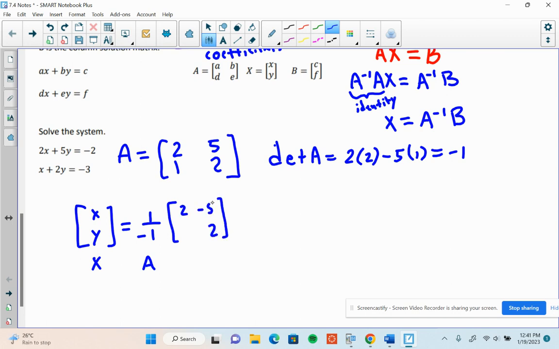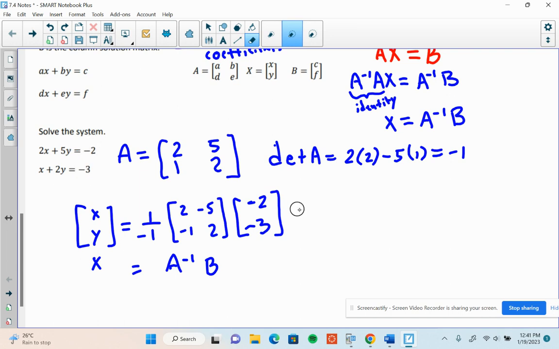We're going to change the sign on the 5 and the 1. But we need to multiply that with the matrix B. So we've got our A inverse times B. What's the matrix B? It contains the constants. That's the negative 2 and the negative 3. Okay?